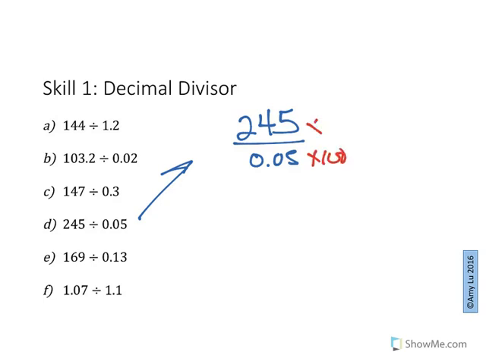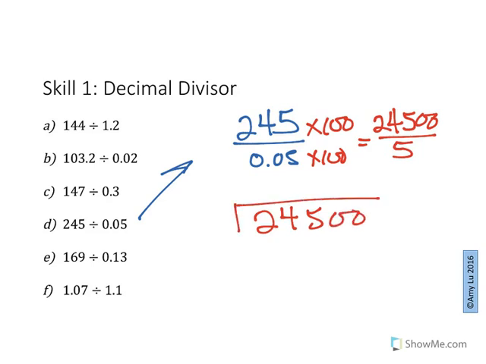Multiply by 100. 24,500 divided by 5. With short division, you'll have 4 left over, no leftovers. So the answer for this one is 4,900.